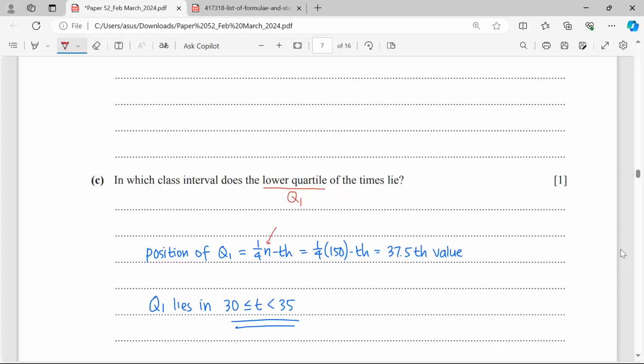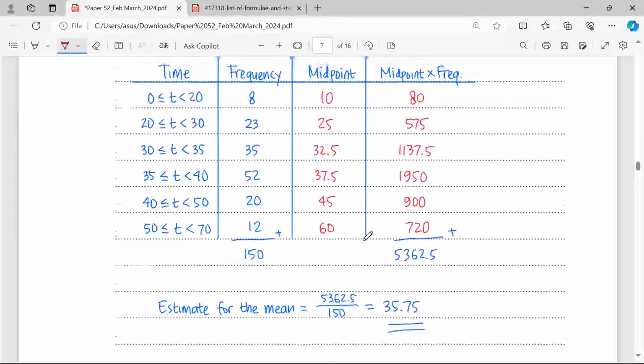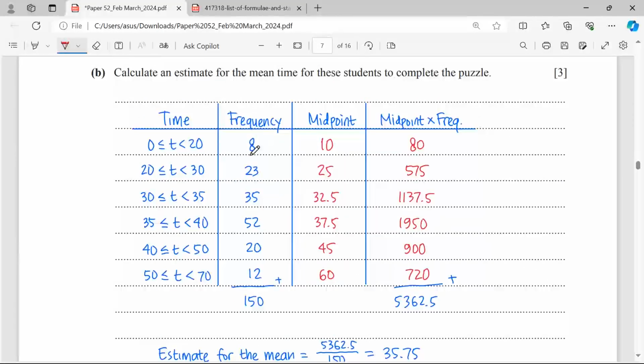Now you have to determine which class interval contains the 37.5th value. Take a look here. The first 8 values are contained in this class interval, and then the next 23 values, so the total here is 31, are contained in this class interval.